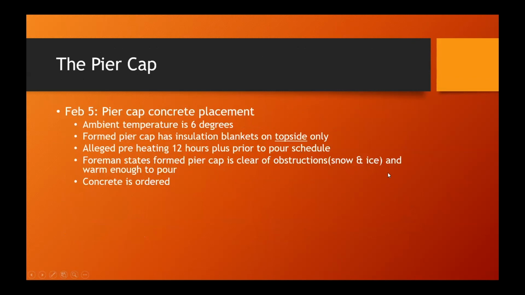So here is our scenario for the pier cap. On February 5th, pier cap concrete placement. Outside ambient temperature is 6 degrees. The formed pier cap has insulation blankets on the top side only.